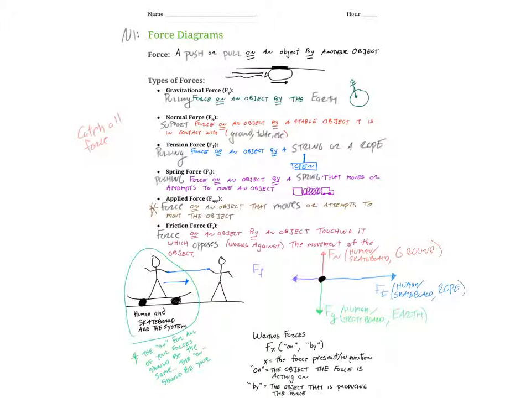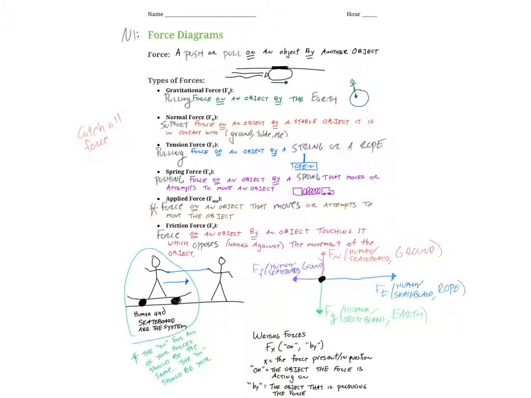And then lastly, we have the force of friction, which is being applied to the human and the skateboard, because that's what my system was. And that's being applied by the ground.